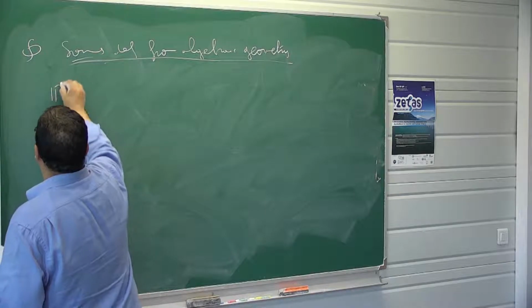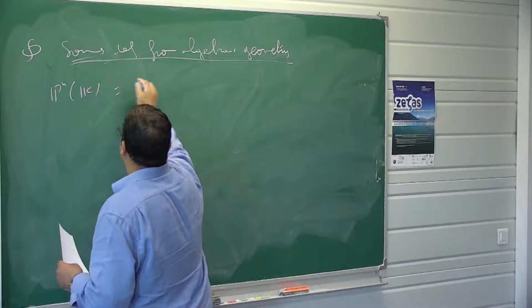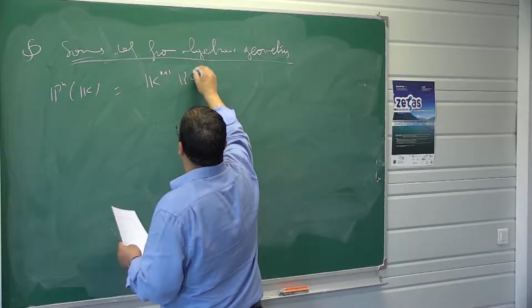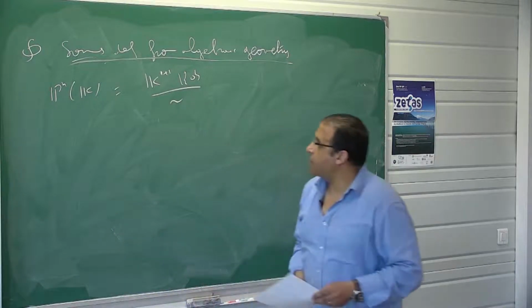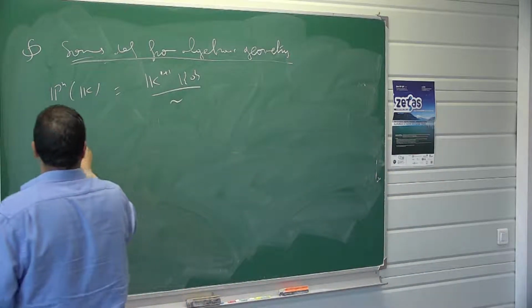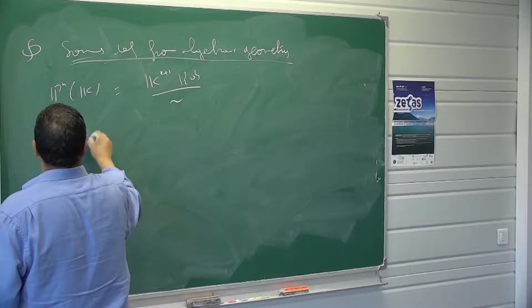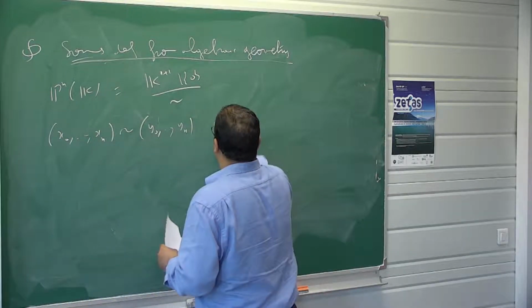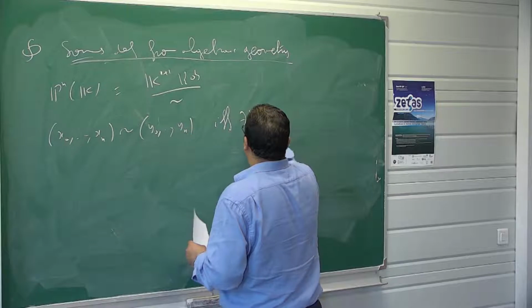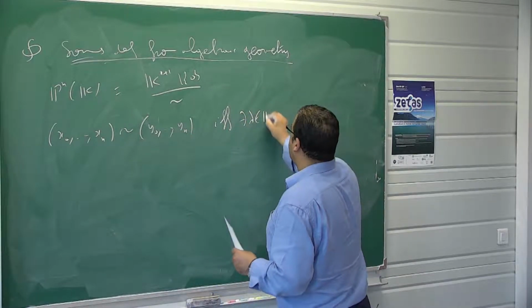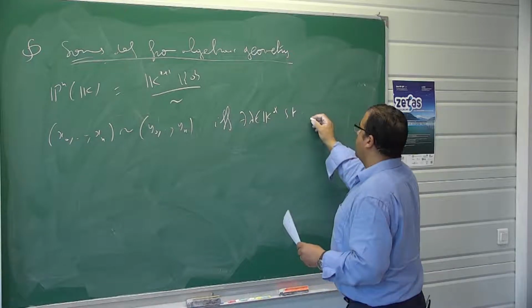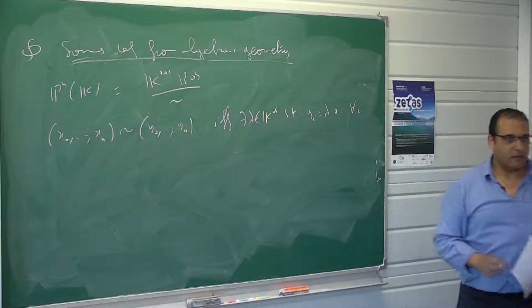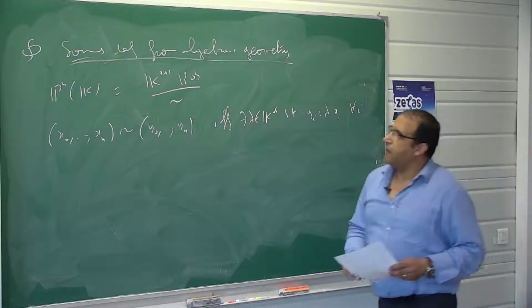For P^n(K), the projective space, it's the quotient of K^(n+1) minus 0 by this equivalence relation, where we define this equivalence relation as follows: x is equivalent to y if and only if there exists some non-vanishing lambda such that y_i is equal to lambda x_i for all i. So this defines the projective space.